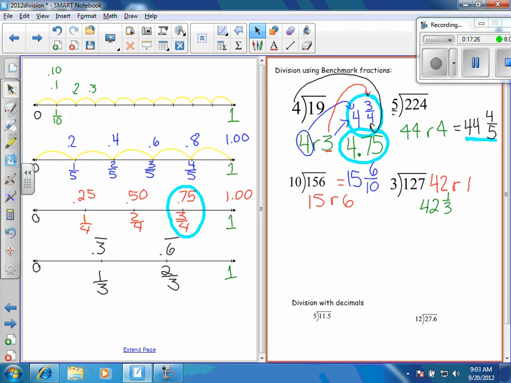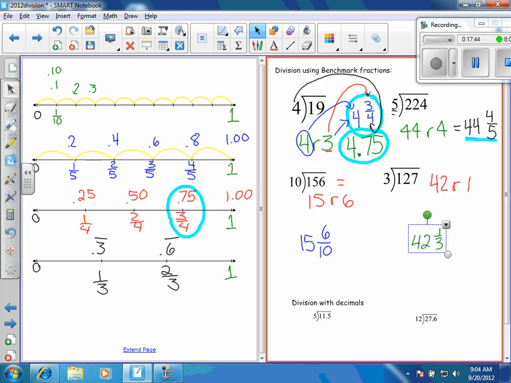For 44 4/5, and for each one of these. So what's the decimal answer for each one of these? So there's 3 things I'm asking you to get the decimal answer for.